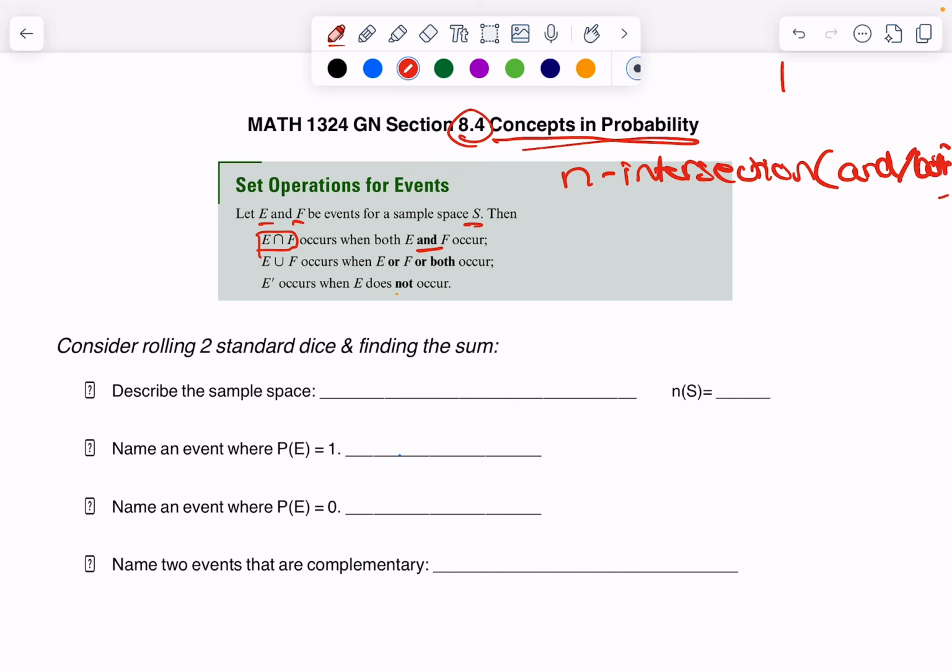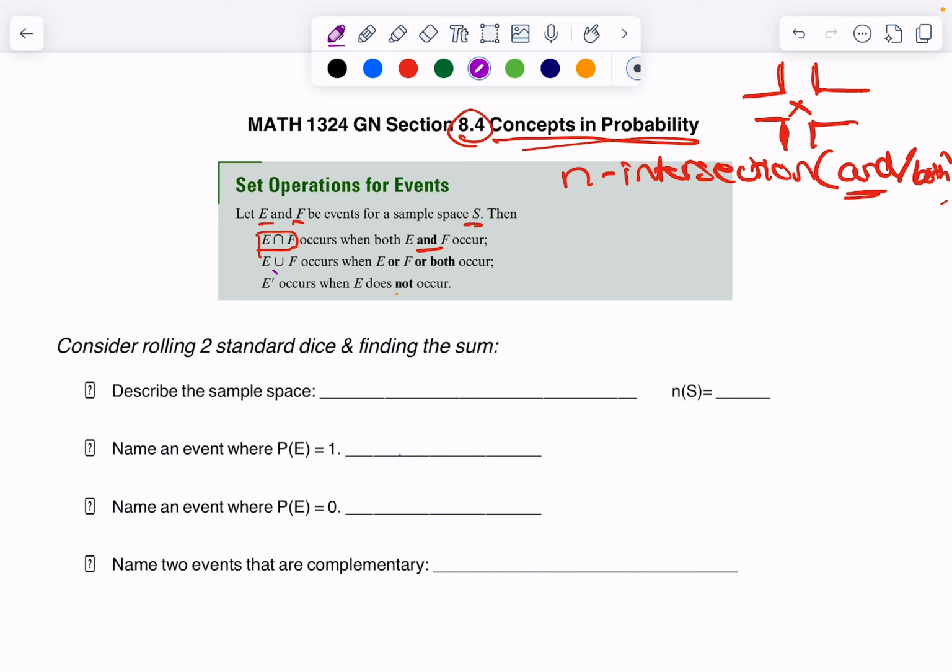So if we think about an intersection in the real world, we've got two streets crossing each other. So an intersection is here. That is where we have both at the same time.